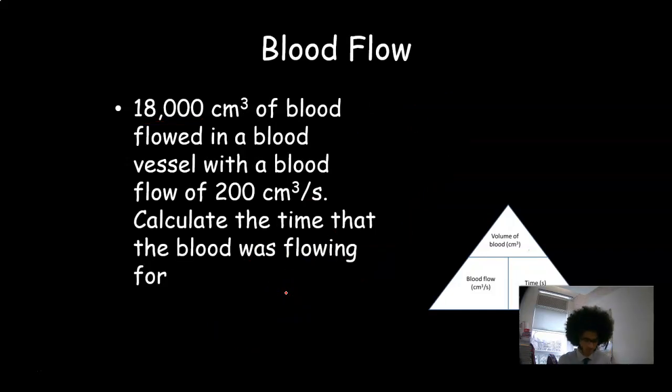We'll try one more example. 18,000 centimetre cubed of blood flowed in a blood vessel with a blood flow of 200 centimetre cubed per second. Calculate the time. So here I'm working out time. Now time is volume of blood divided by blood flow. So it's going to be volume divided by blood flow.